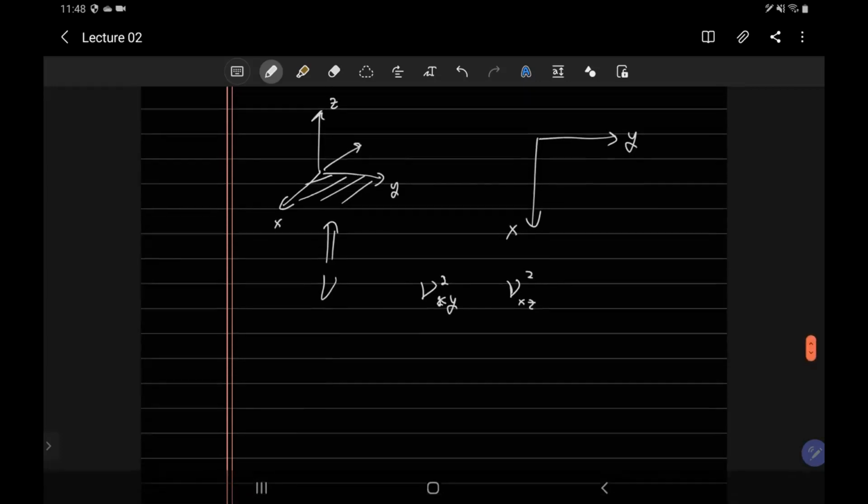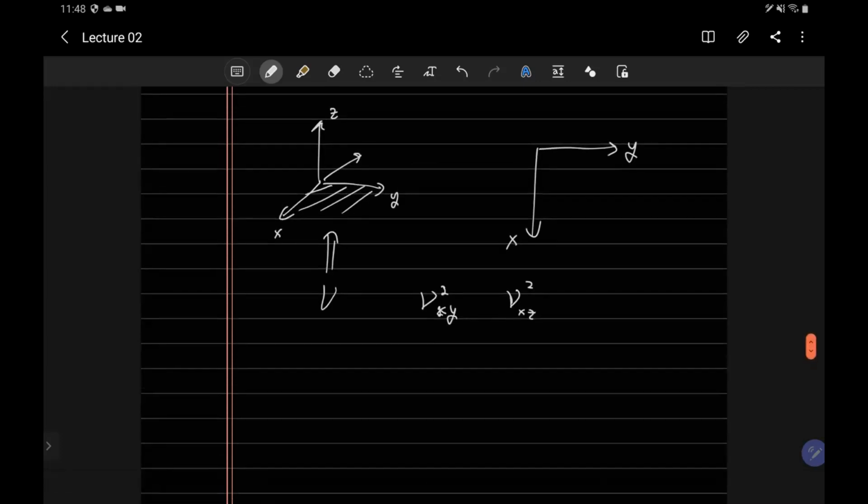Another space we can think about is the one-dimensional space parallel to the z-axis. The space by itself might be boring, but it is also a well-defined space.